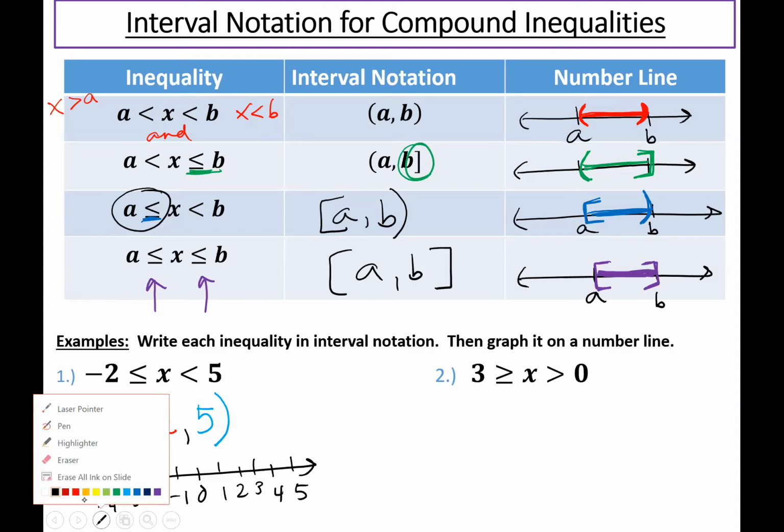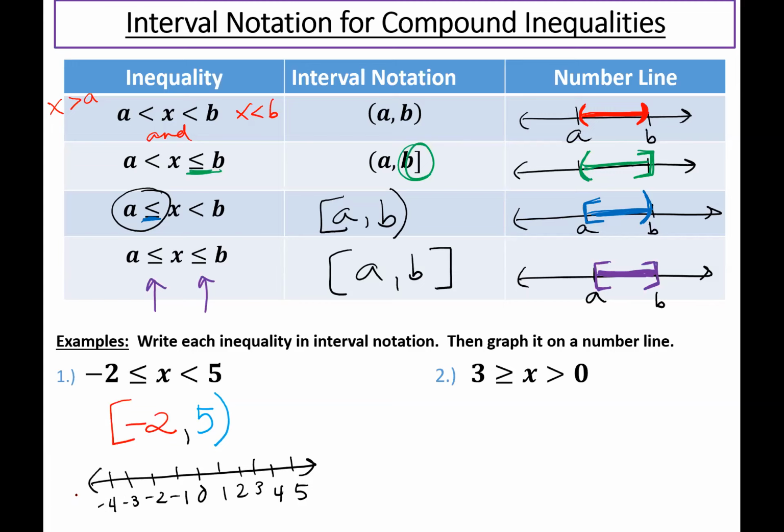You just choose the correct choice. Okay, so square bracket around the -2, and then going all the way up to 5, and then parentheses around the 5. Look at my interval symbols here with the square bracket and the parentheses. Those are exactly the same on the number line, and then we're just shading in between.